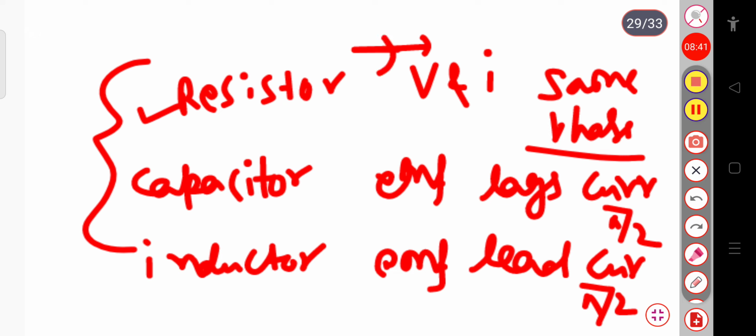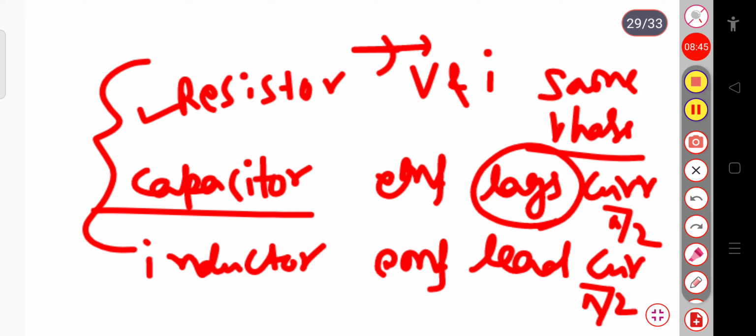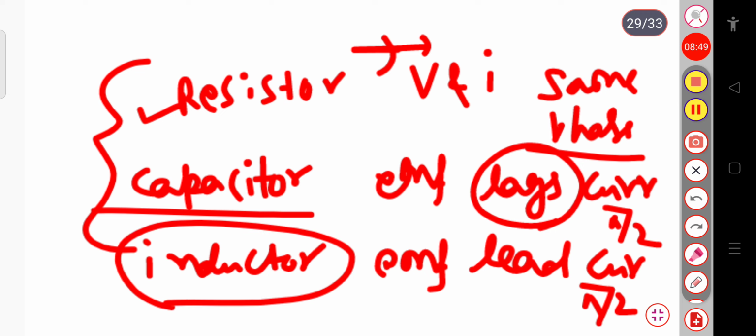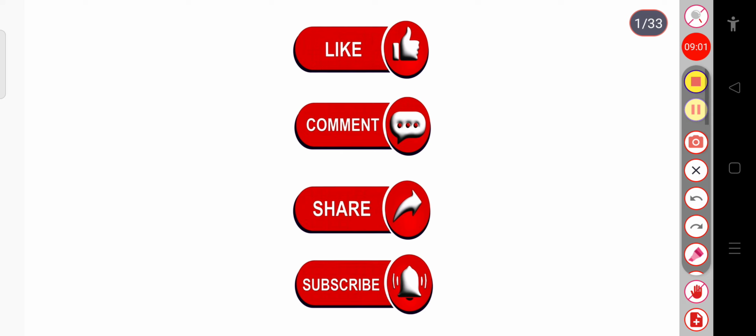But if it contains a capacitor, the EMF will lag behind the current by pi by 2. But if the circuit contains an inductor, the EMF will lead the current by pi by 2. In case of an inductor, the EMF will lead; in case of a capacitor, the current will lead. Okay, so this is all about today.